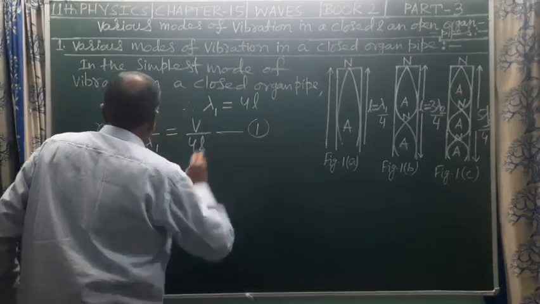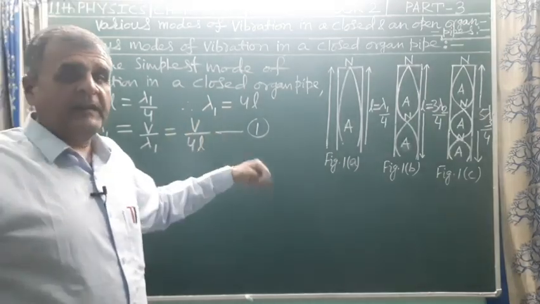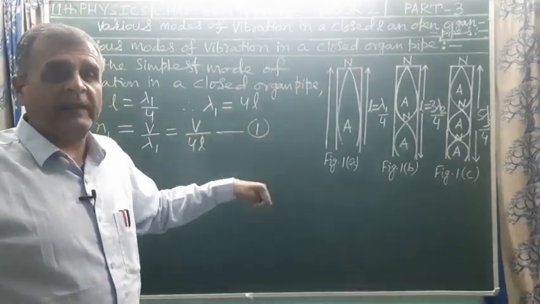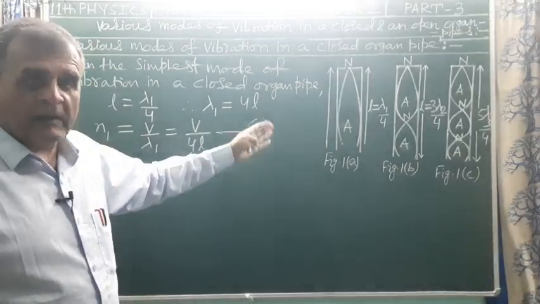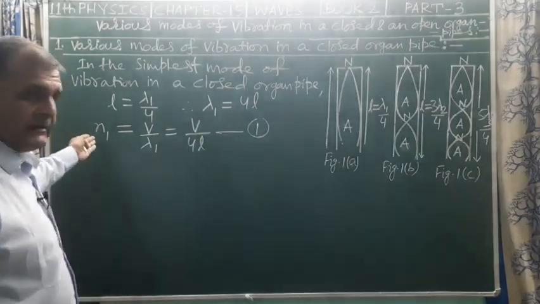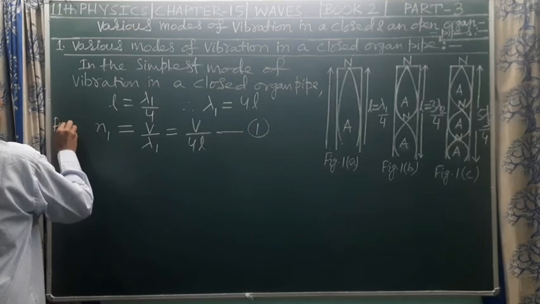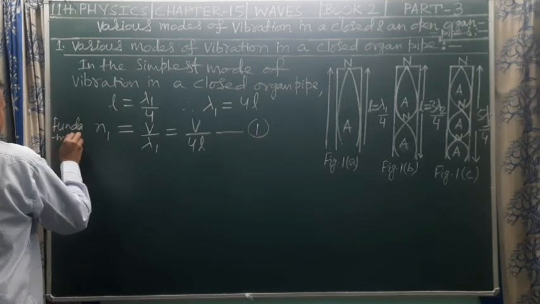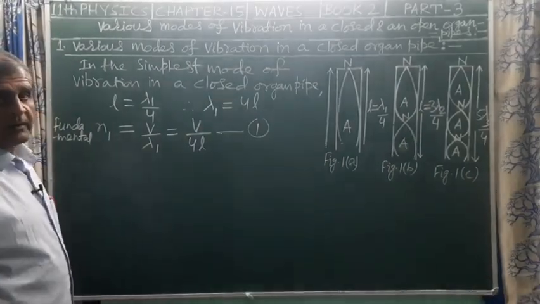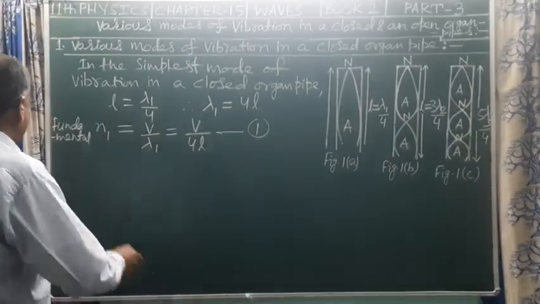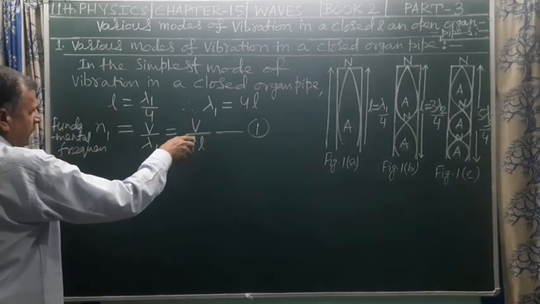Suppose it is equation number 1. This is the expression for the fundamental frequency, or first harmonic, in the simplest mode of vibration in a closed organ pipe, and it is V upon 4L.